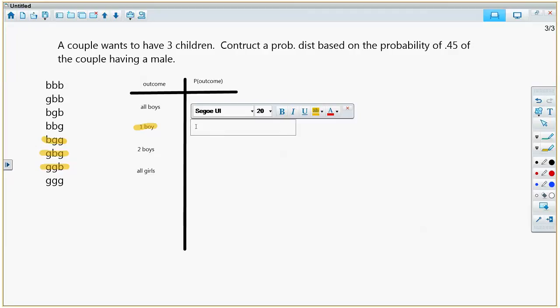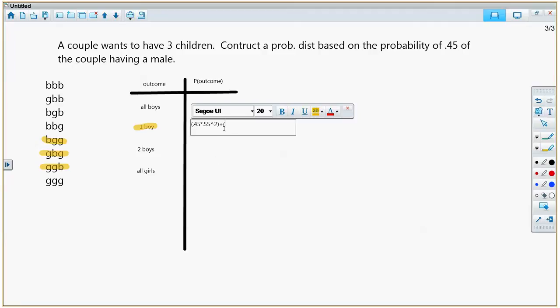I'm going to put it in parentheses, 0.45 times 0.55 to the second power, close parentheses, plus, parentheses, what's the second one? This event right here. 0.55 squared times 0.45. Everybody see the pattern?